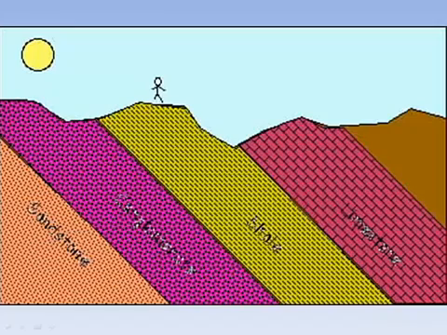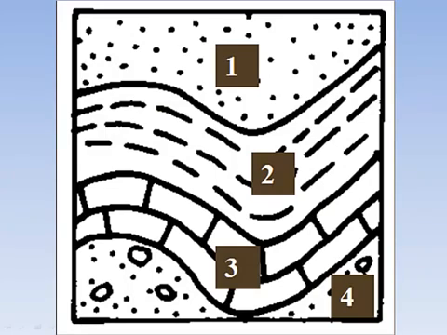If you find rocks that are tilted like this, then something happened after they were formed. The rocks formed horizontally, this direction, and then something tilted them up this way. If you see layers of rock that are bent, they weren't formed that way. They were formed in horizontal straight layers this way, and then they got squished, basically, and that bent them. So if they're bent, that happened after they were formed.